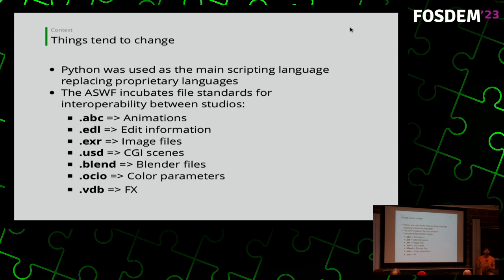And so basically they are not really friendly with everything which is open source, but things tend to change because of several phenomena. The first one is that Python is replacing every proprietary script language. I didn't mention it on the slide, but FFmpeg is widely used to do some video operations. And the Academy Software Foundation is maintaining many projects around pivot file formats, so it makes it easier for studios to collaborate together.